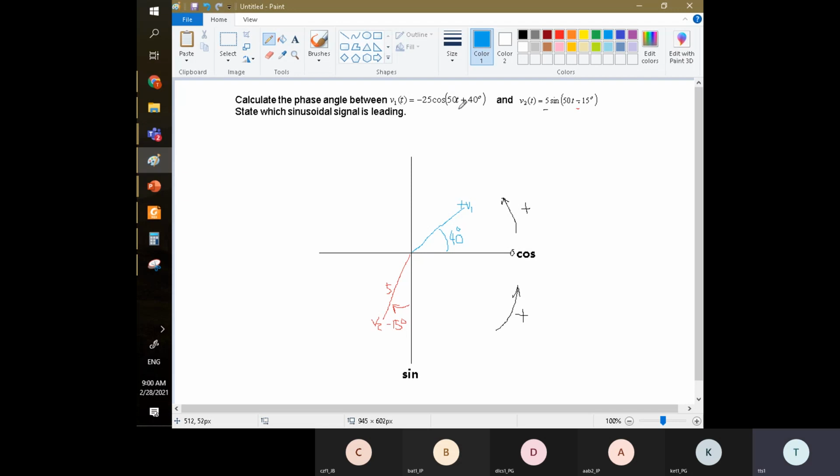But this V1 is negative, so negative is the opposite, the other side. Here is 40.